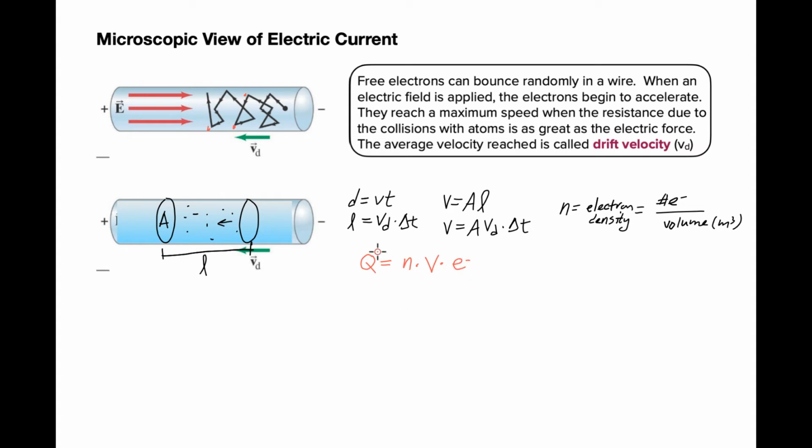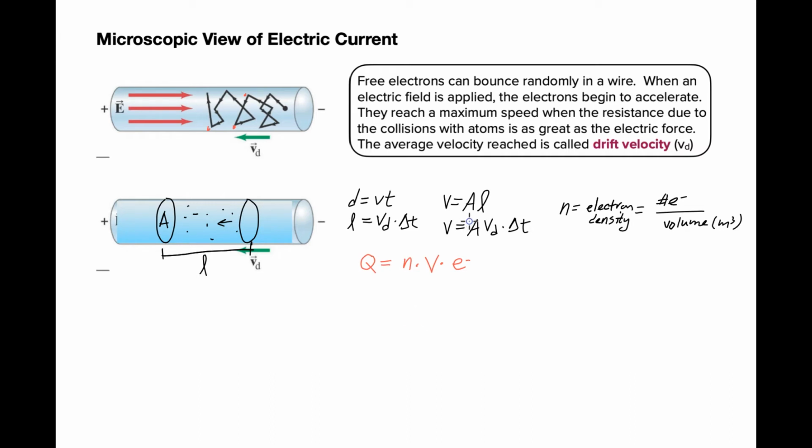So our total charge in this section is the electron density, how many electrons there are per volume, times the volume. Then we have the number of electrons, and the number of electrons times its charge would be Q.